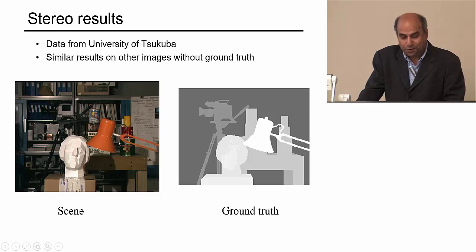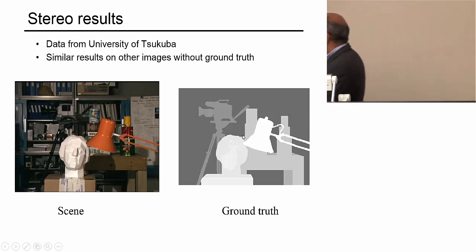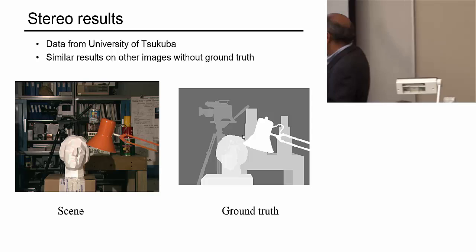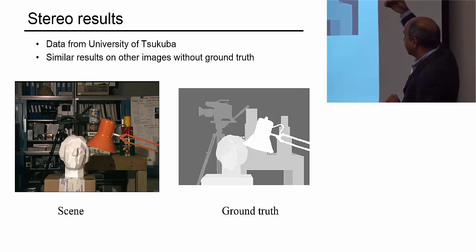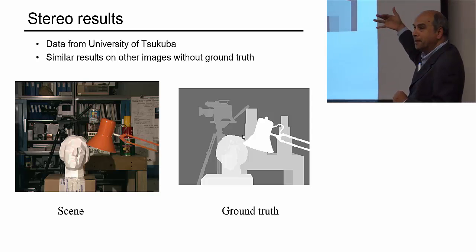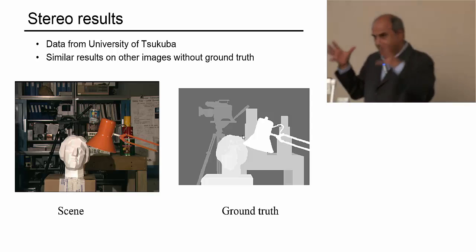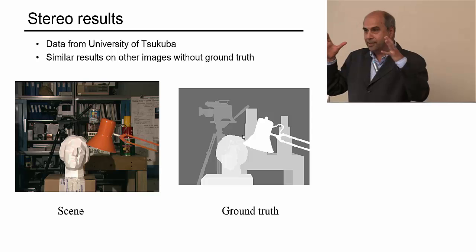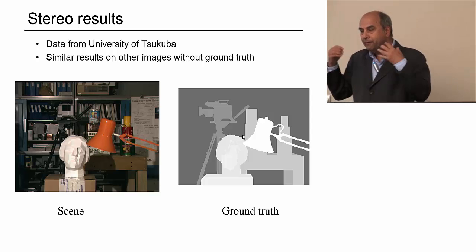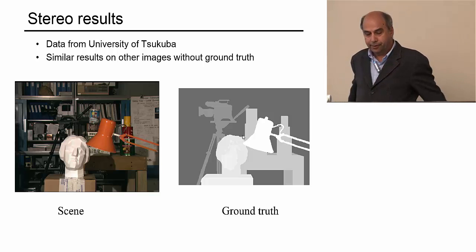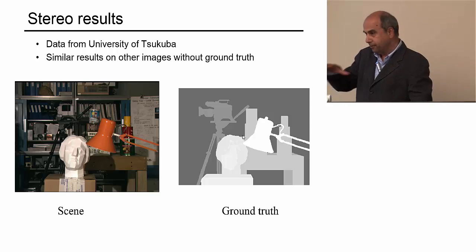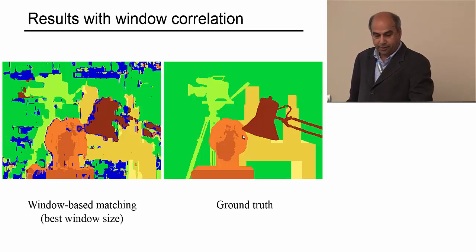Okay, so this is the scene, and they have this ground truth for the depth map. As you see, the lamp is at a different distance compared to this camera and so on. So these are the disparities, the depths, which are shown here. So finding the right depth map efficiently and correctly is a whole area of research.